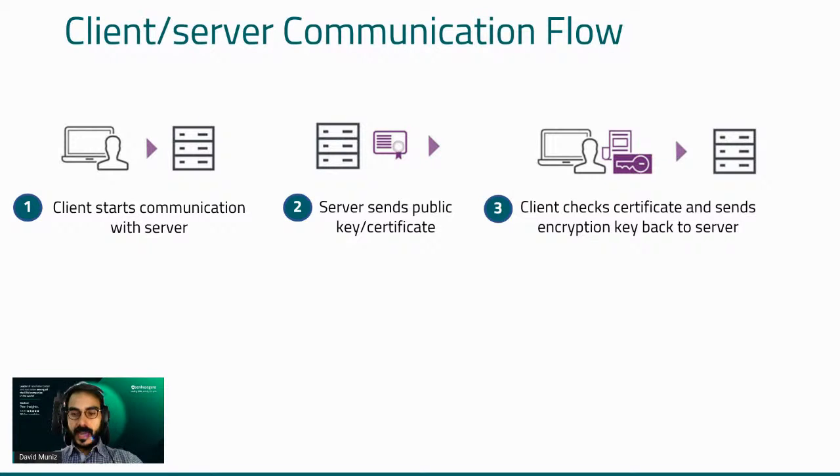The next step occurs when the client verifies if the public key was in fact signed by that private key. And in this case, if the certificate is not in compliance, let's say that it is expired, that it is not valid, then the communication between the client and the server fails.